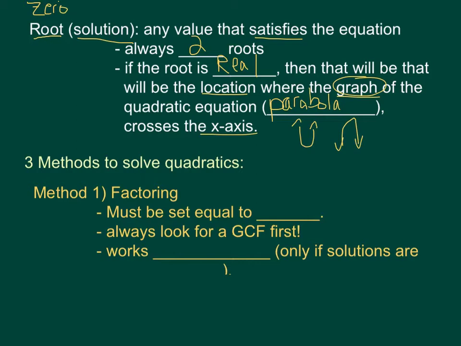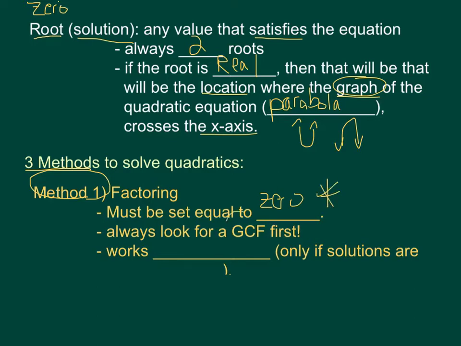Okay, now let's get to the goods. We're going to start factoring these quadratic equations. That's method 1 of the 3 methods there are to solve quadratics. When you factor, you must be set equal to 0. Have to be, otherwise you can't factor. That is very, very important. You have to be set equal to 0 first.